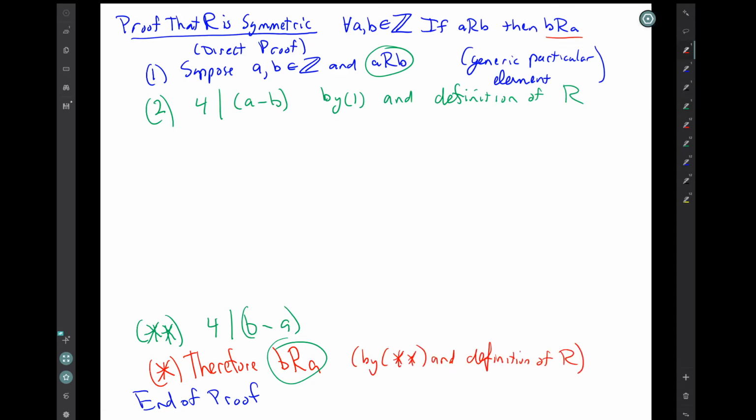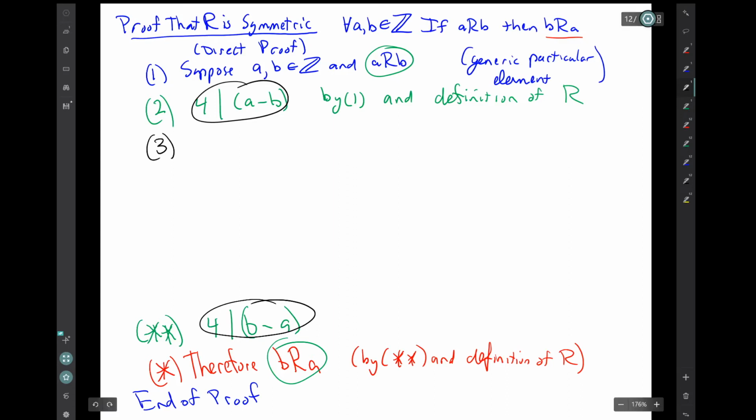So in these first two statements, we're unpacking the definition of ARB. And in these last two statements, we're packing up the definition of BRA. Oh, but now look, we have a defined expression there, and we have a defined expression there. So we have no choice about what's going to follow statement 2 and what's going to have to precede the second to last statement.